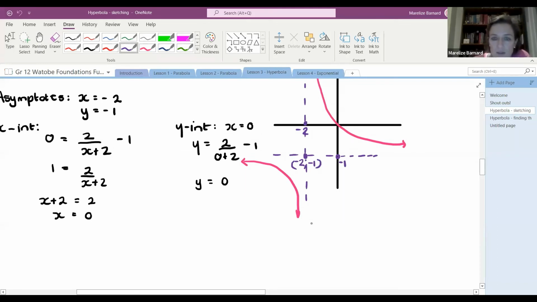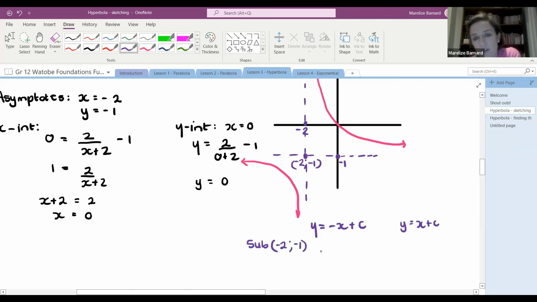And we have y is minus x plus c for the first axis of symmetry, and the other one is y equals x plus c. And then we sub in for both that point where the asymptotes intersect, because both axes of symmetry are going to go through that point.